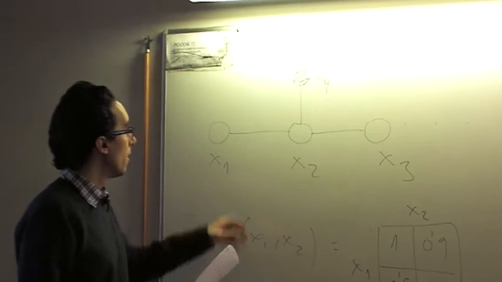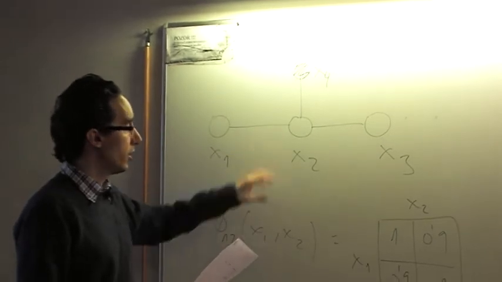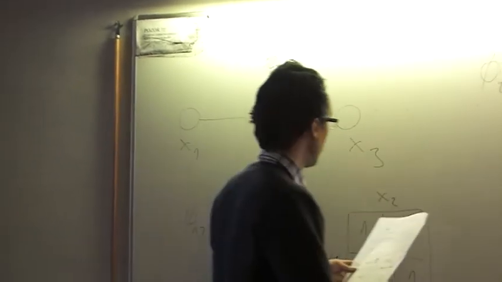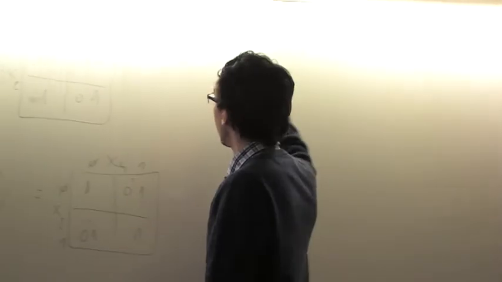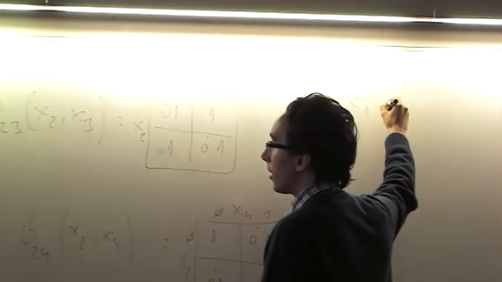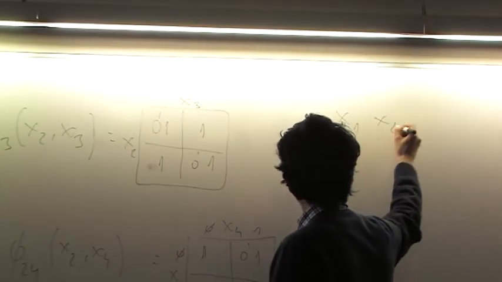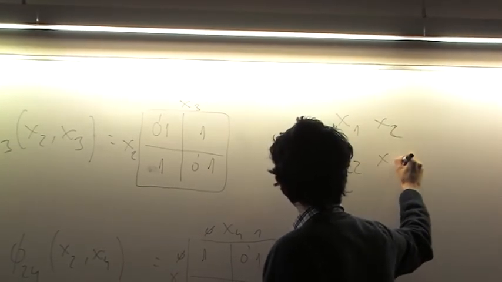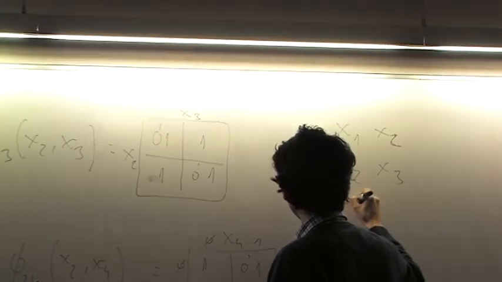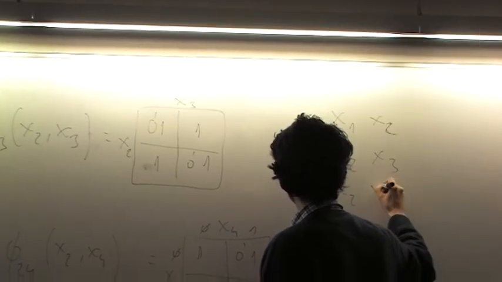And then I just construct a clique tree using those maximal cliques. So the cliques in this case are given by x1, x2, which is a maximal clique, then x2, x3, and then x2, x4.